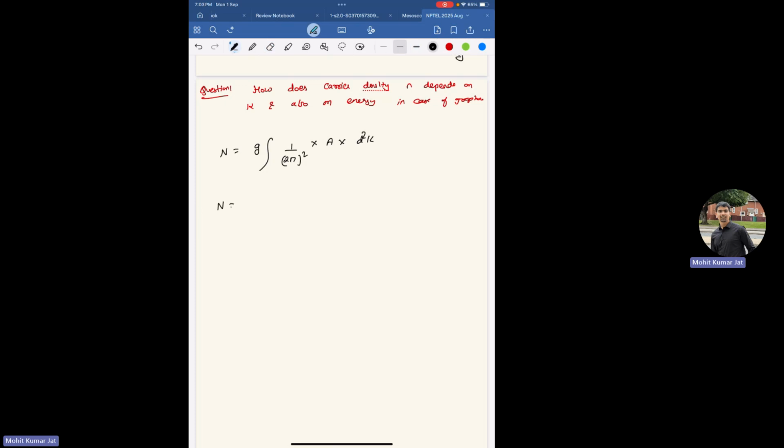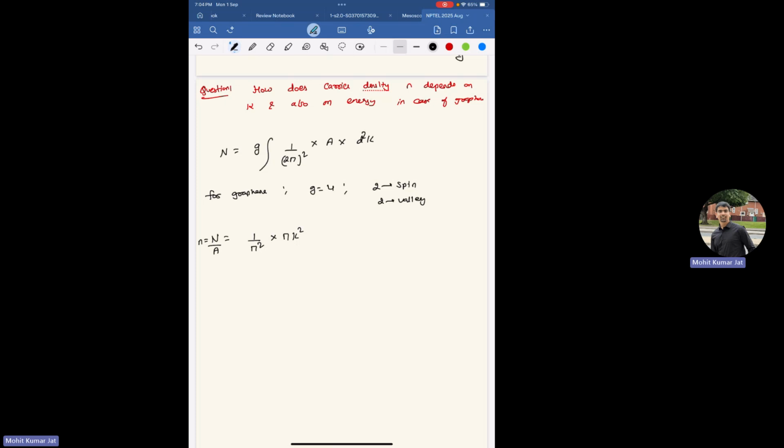So n will be given as, g is for graphene, g is 4 because 2 spin and 2 valley. So here is the degeneracy. So n will be given as 1 by pi square, n by A, that will be the carrier density n, and d2k will be nothing but pi k square.